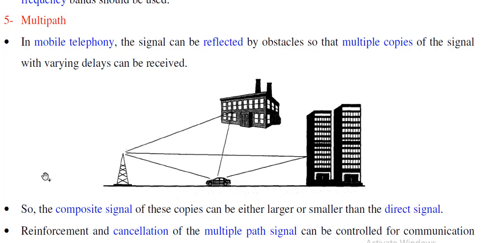Another type of attenuation is multipath. In mobile telephony, for instance, if the signal is sent to a receiver, it might get received once directly, but this signal might, due to the free space, go to other ways and get reflected and get back to the receiver, which means the receiver will receive two signals at two different times.